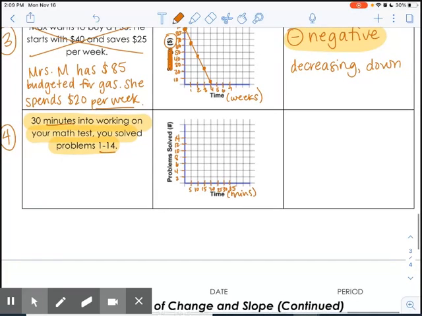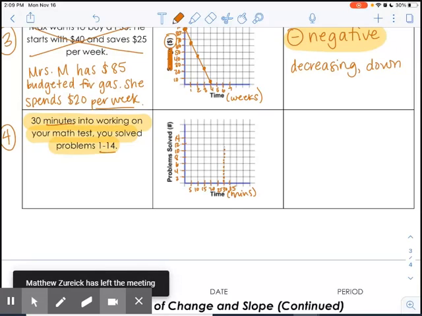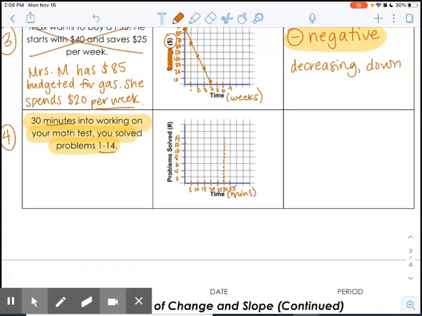But how we would graph that is, 5 minutes, nothing, 15, nothing, 25, nothing. At 30 minutes, all of a sudden, you've answered questions 1, 2, 3, 4, 5, 6, 7, 8, 9, 10, 11, 12, 13, and 14. They magically all got answered in one split second.